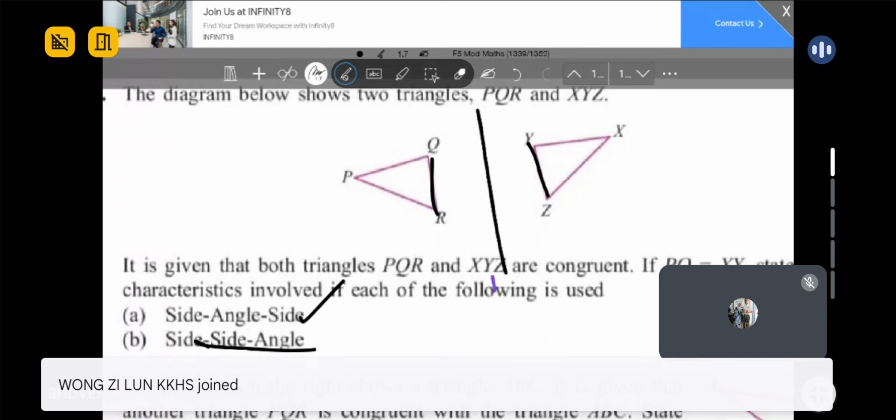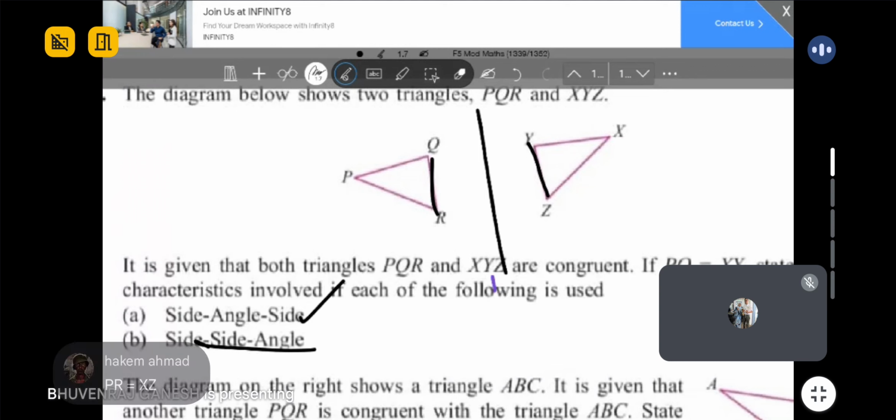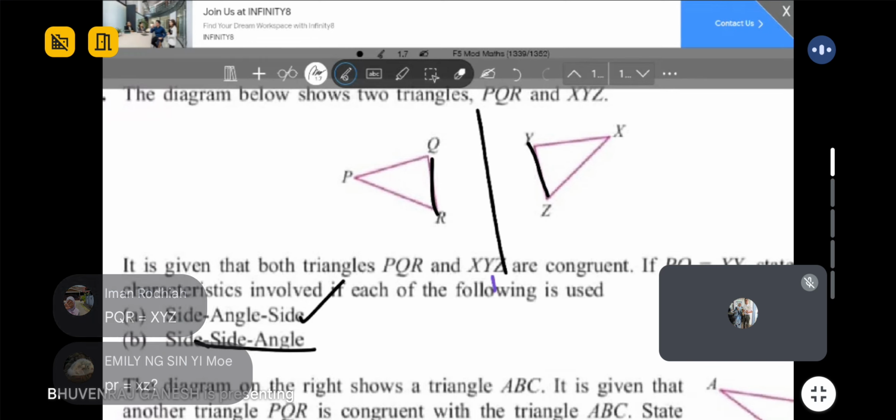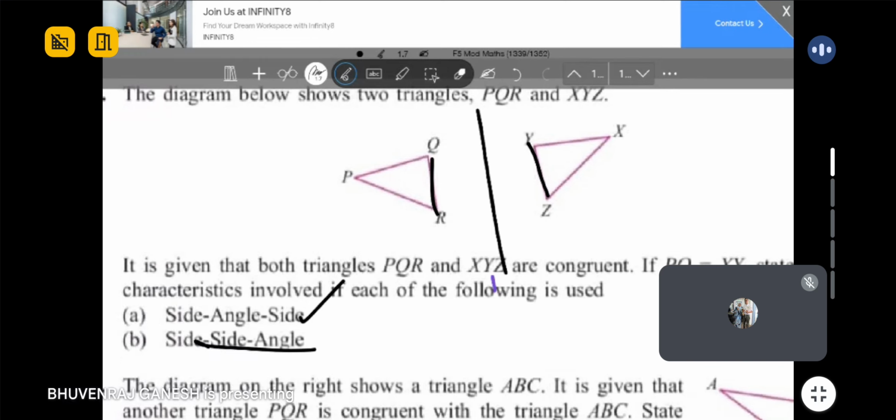Make sure you think and see guys. Think every single thing that is same. Cuba fikir semua yang sama. PQR equal to XYZ. Yes, very good. Correct. PR equals to XZ. Correct. Okay. You can say many things guys. Sebab yang ni adalah pantulan.